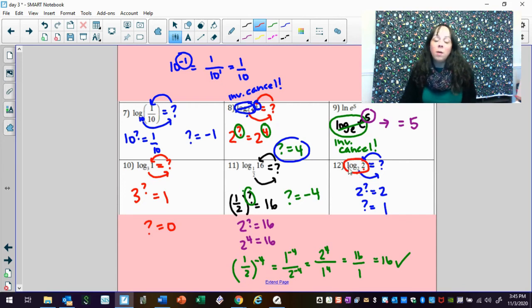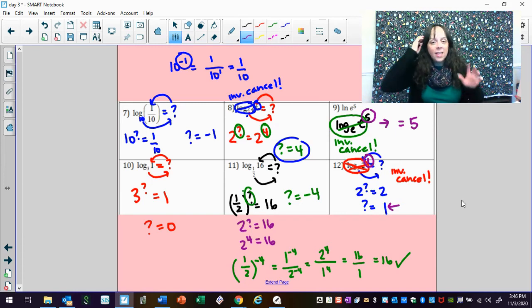Those guys are inverses of each other, and they are going to cancel. They cancel out, and all that's left is the exponent. My exponent that would be left is a 1. Okay, so that is that inverse canceling rule again.